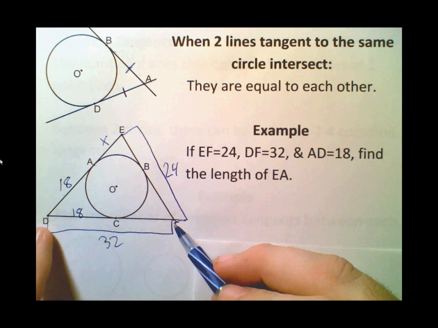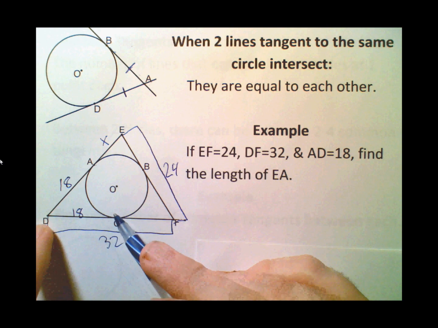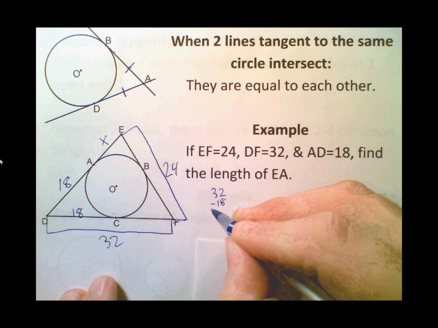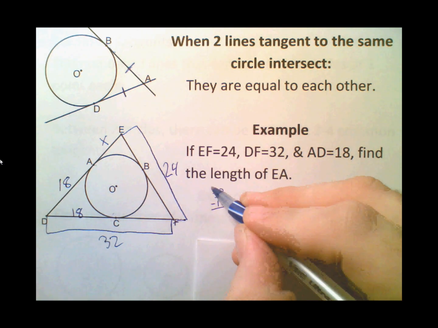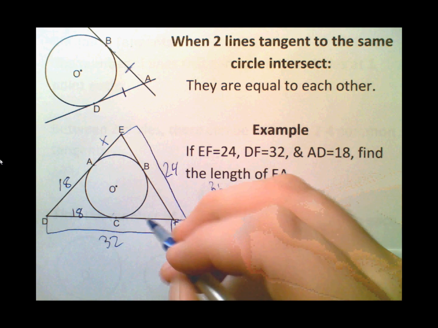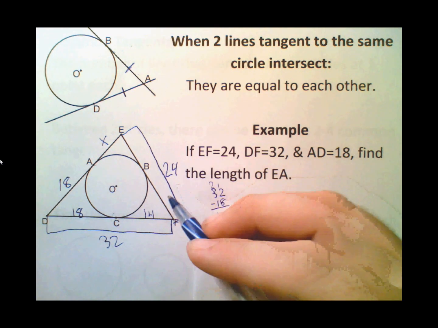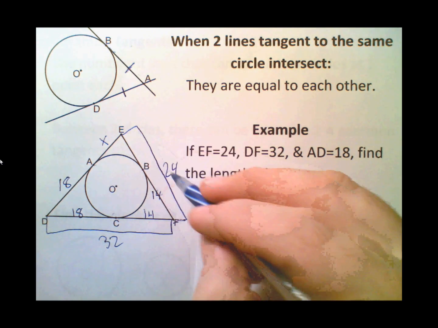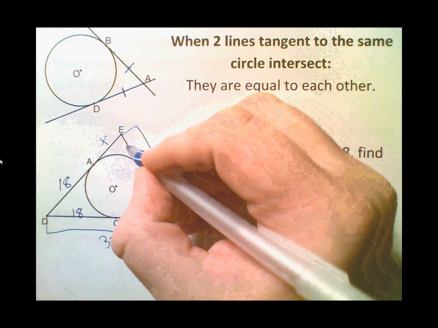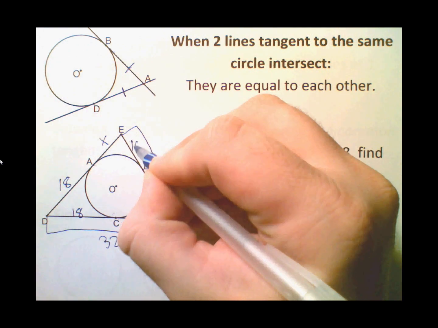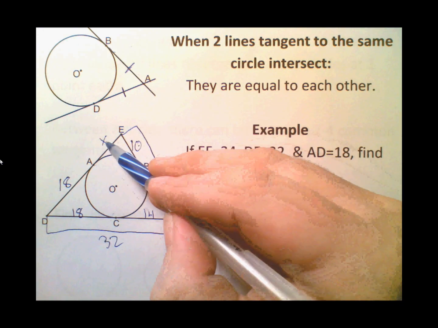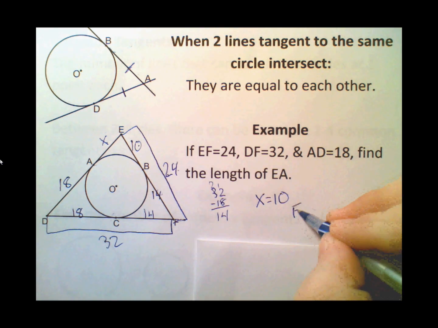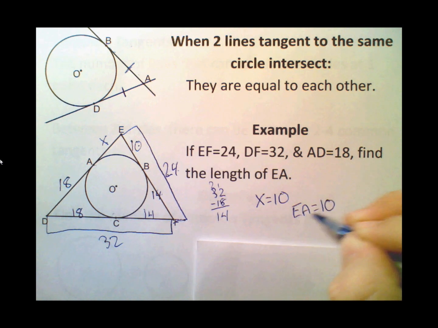Now if I know the whole thing is 32, and this is 18, then we can do our little subtraction, 32 minus 18, and I get 14. That means this segment's 14. Now if this is 14, then this is 14. If this is 14, I know the whole thing is 24, then therefore I know that this here is 10. If this is 10, then x is equal to 10. And therefore I know that the length of EA is 10.